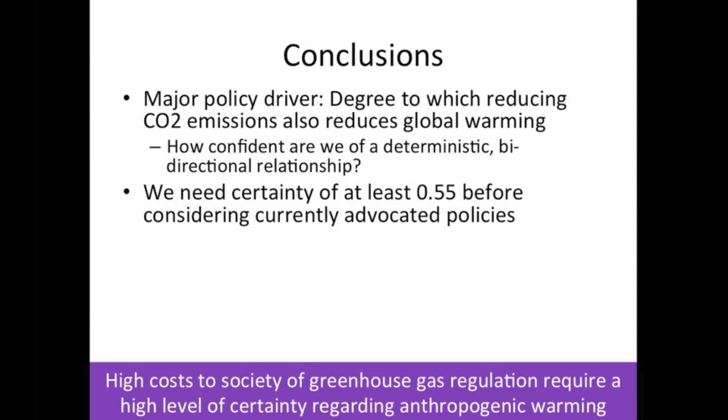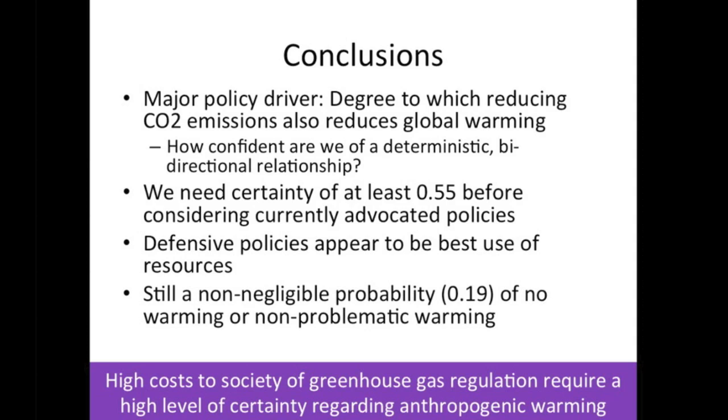Our modeling effort suggests that we must be at least 55% certain that reducing human activity will also cause a corresponding reduction in global warming before we even consider the current regulatory policies advocated by the environmental movement. And it should not be overlooked that even assuming a model heavily weighted toward problematic global warming caused by human activity, there's still an almost 20% probability that warming is either not happening or won't be a significant problem if it does.